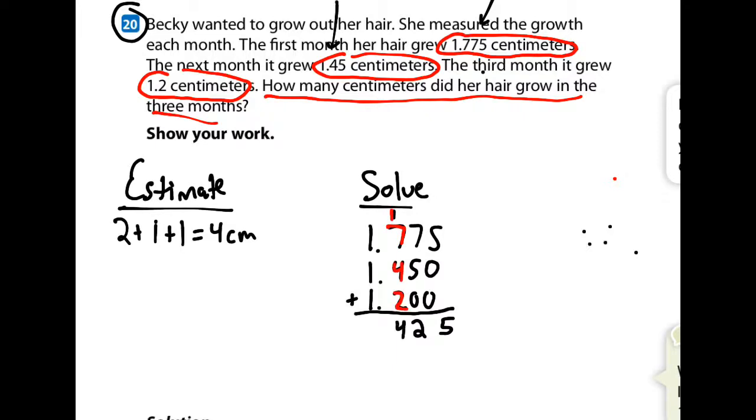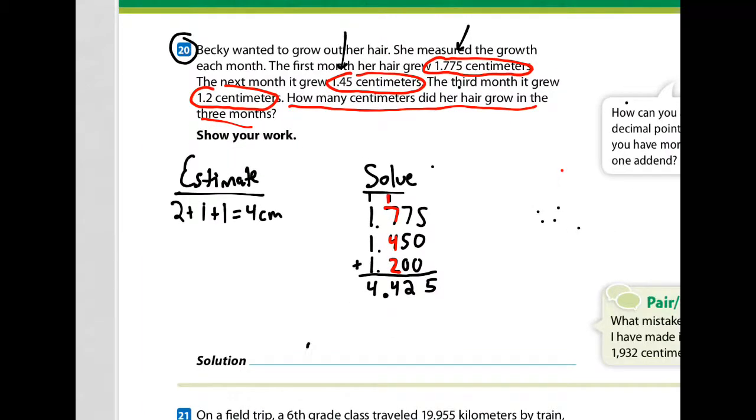Write the 4, carry the 1, and they add up to 4. So all together, the answer is 4 and 425 thousandths centimeters. And I know that's reasonable because it's very close to my estimate.